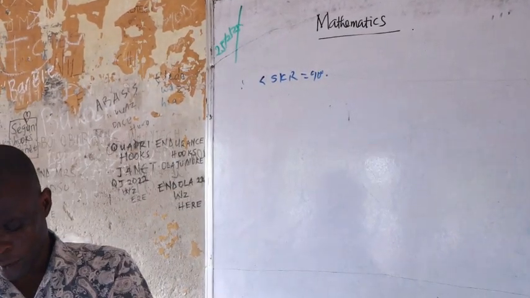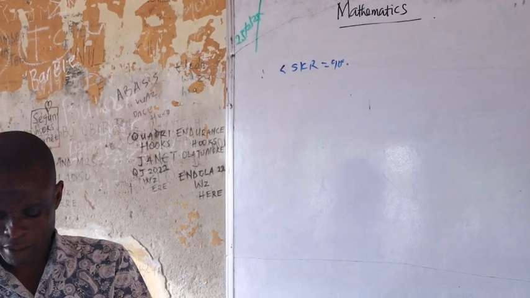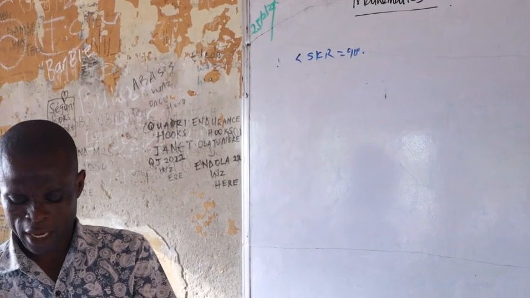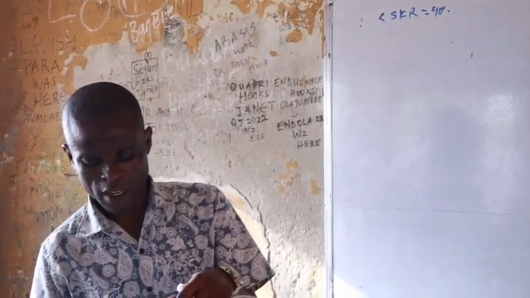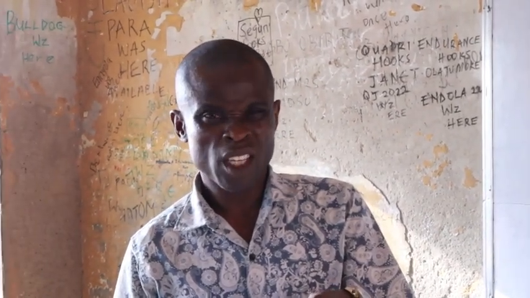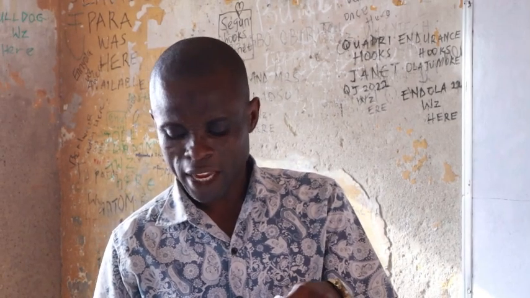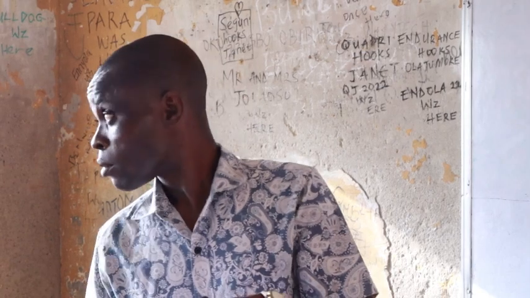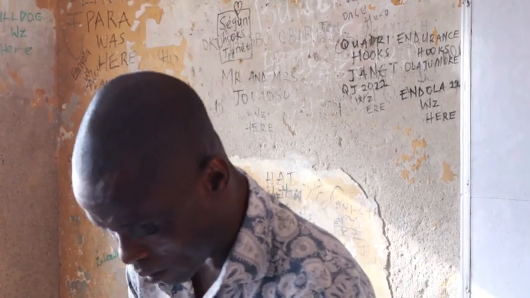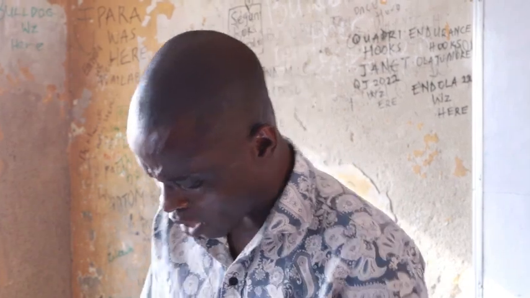If the length of arc SR is 4 times that of arc PQ, find the length of arc SR. Take pi equals 22 over 7.